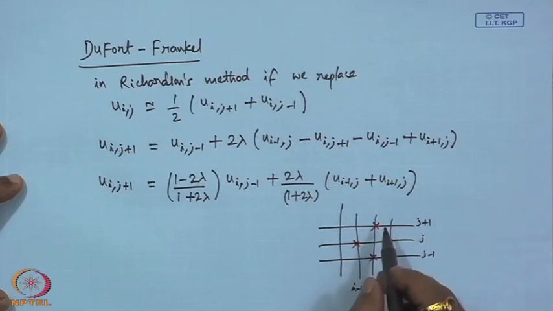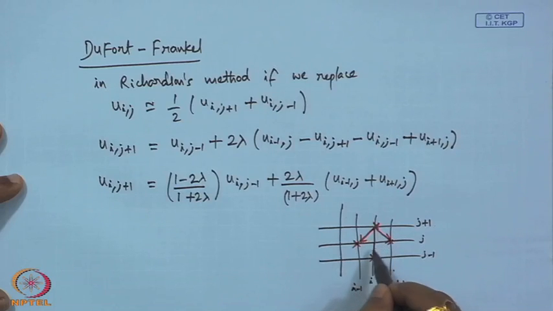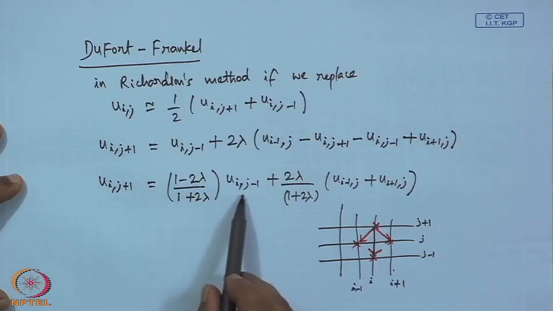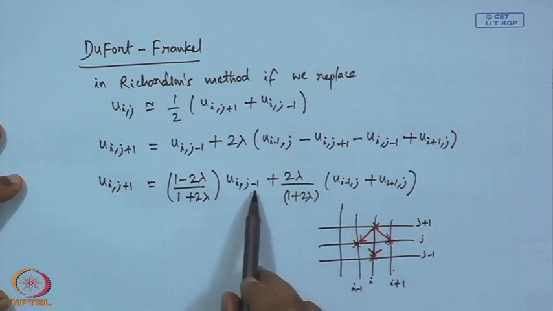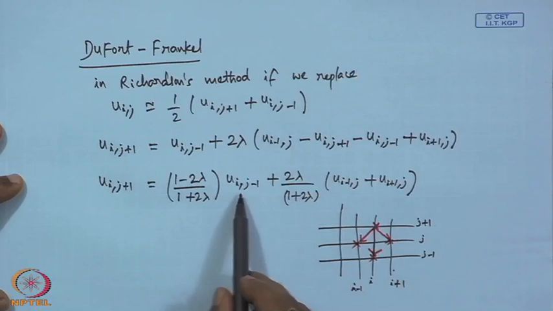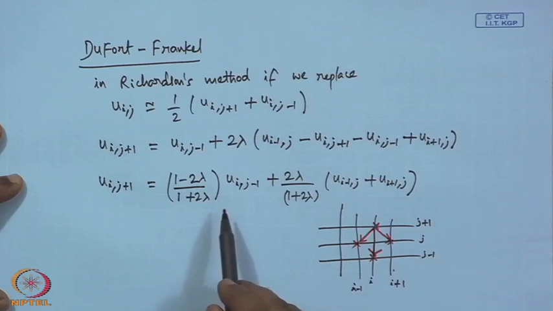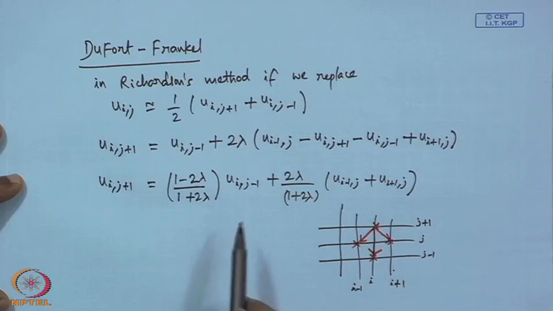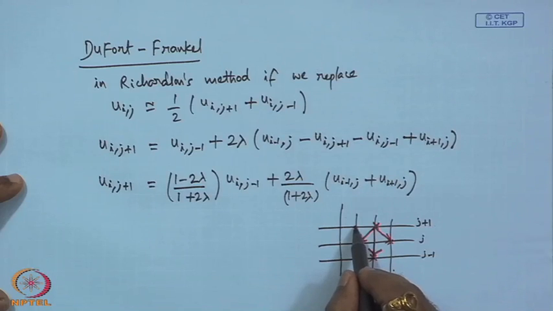So, it is explicit, but however, you can see you need values at 2 points at the jth level and 1 value at the j minus 1 level. So, it is explicit, but it is demanding values at 2 time levels. So, to that extent it is explicit. You can see how we march ahead, because if you want the value here, it expects this, this and this. So, we have to march like that.